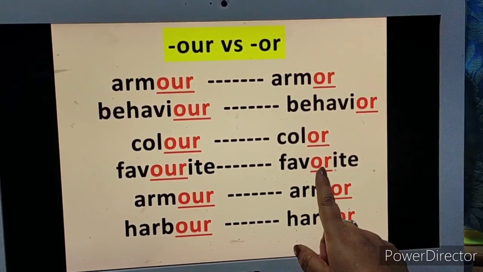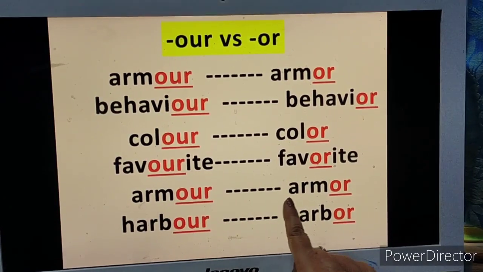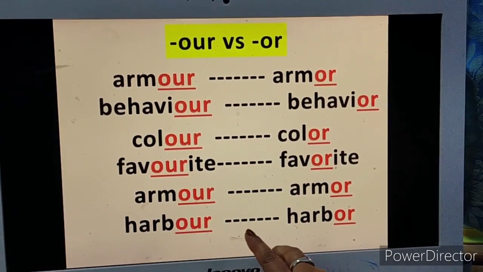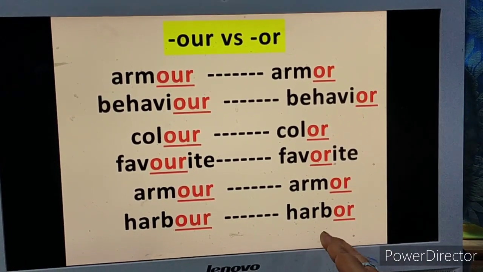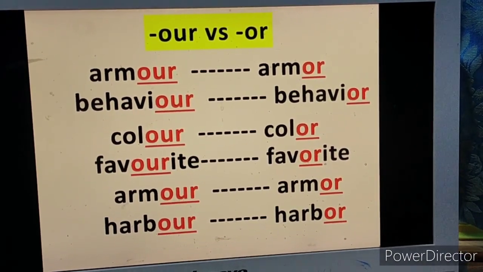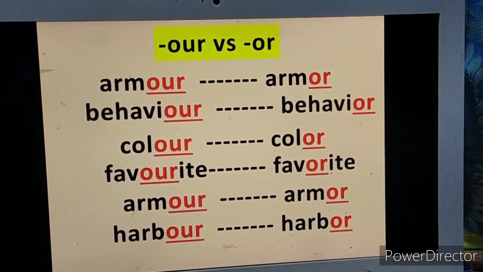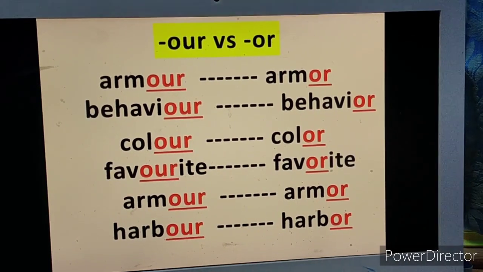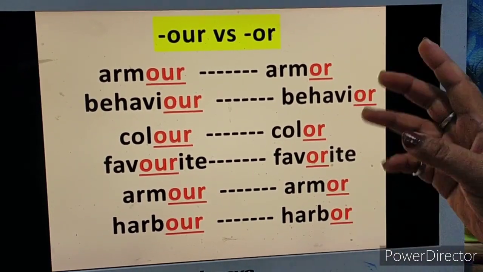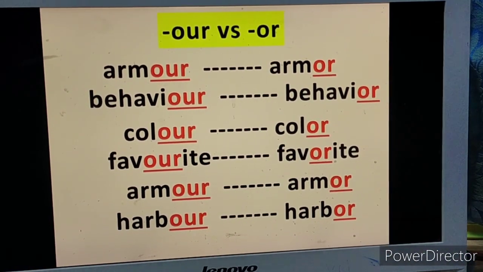Favourite becomes favorite without the U. Armor, armor. Harbour and harbor. This is the first rule we need to remember. So whenever we are shown a spelling mistake, we need to remember that they are talking about American English and not British.